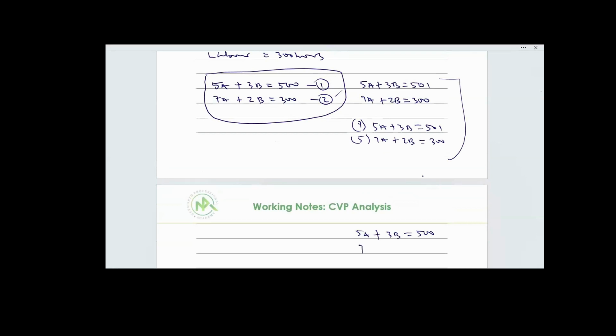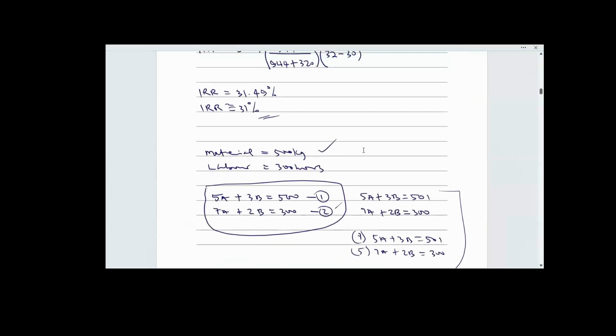Then I say 7A plus 2B equal to 301. You see? So you solve again using simultaneous equation. Once you are done, you calculate your contribution. The difference between your new contribution margin and the current contribution margin will give you your shadow price. So that's how you calculate shadow price for each of the constraints by increasing the constraints by 1. All right? Yes, sir.